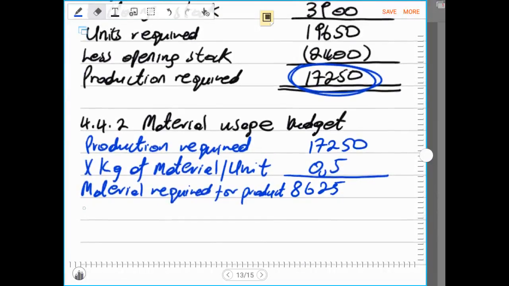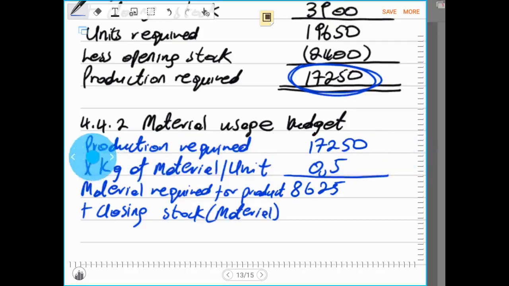Then we say less opening balance, then we have to add the closing stock. Let us start by saying plus closing stock, because closing stock is the one that was bought in the current period, plus closing stock of material. Remember, we are referring to material in this exercise or in this budget.